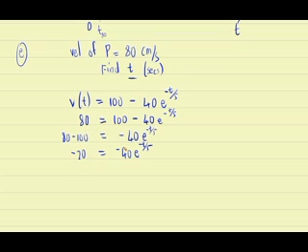Divide both sides by minus 40, and we end up with a half equal to e to the minus t on 5.